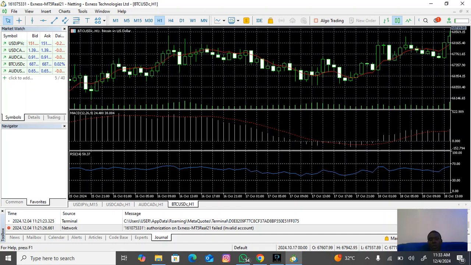So I'm going to be doing a video and showing you how to add this on your chart on MT5, and also how to add them on TradingView. So I'm going to be doing the video right now. I'm just going to attach everything together right now. Okay, so stay tuned.